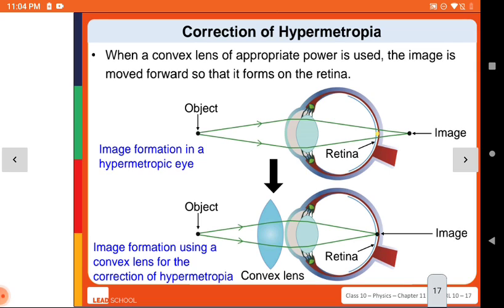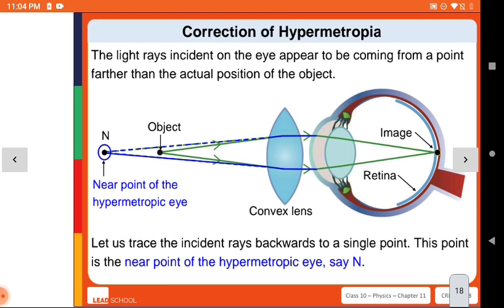That is the process of how we correct the hypermetropic eye. When a person has near point blindness, the near point is not visible comfortably, so the hypermetropic defect is there, and we correct the defect by using the convex lens.